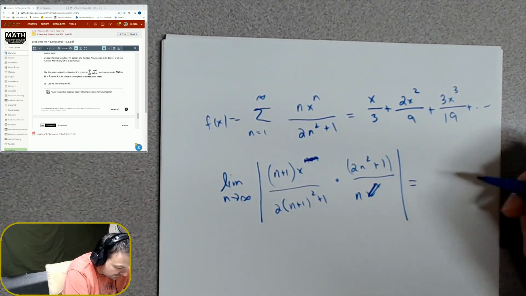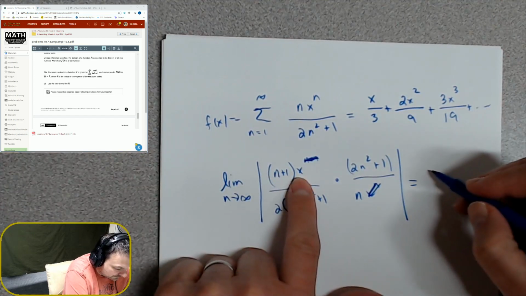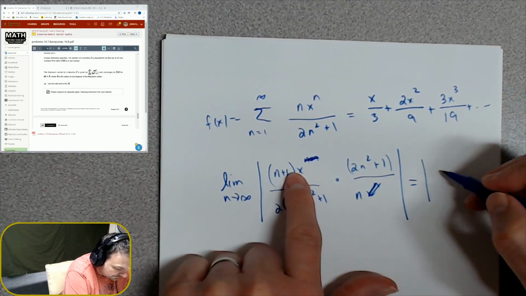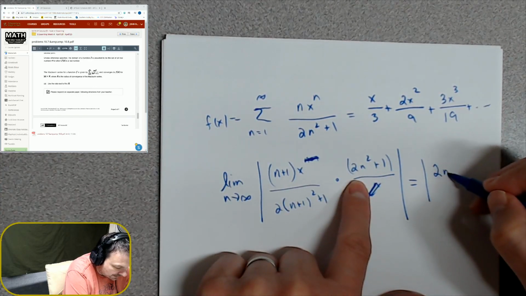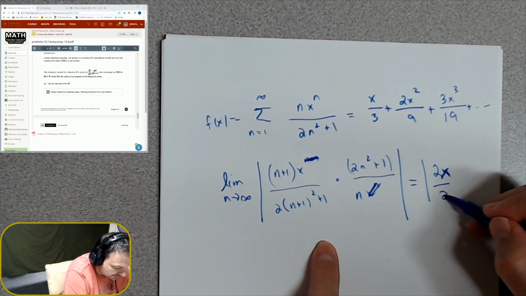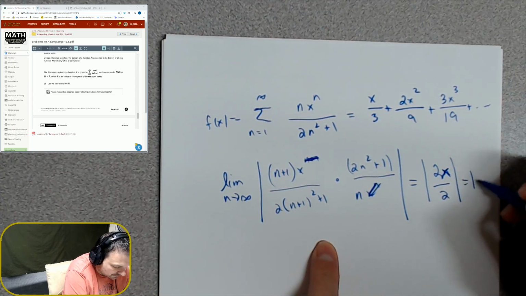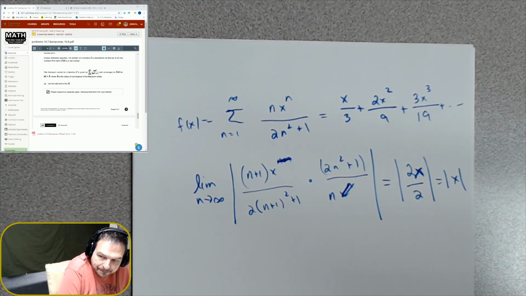So this limit, since it's even Steven, is just the coefficients, and the coefficients are going to be on top, absolute value. The coefficients on the top are going to be 2x. And on the bottom, as I FOIL everything out, is just going to be 2. So really, this simplifies to x. Everybody follow that?